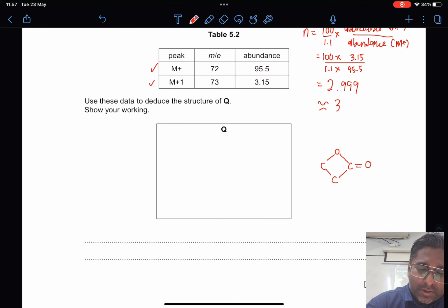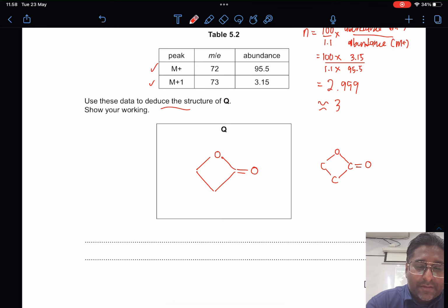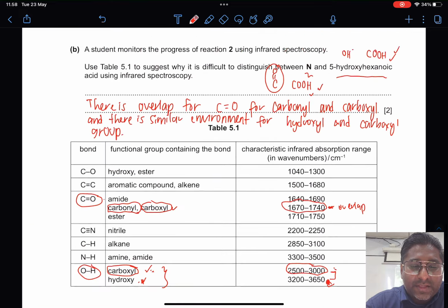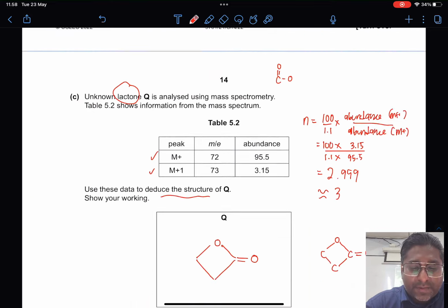So we can draw like this, O, no need to show the carbon, skeletal formula. So every single time when you're not sure of the structure, you refer to the question. If the question is in skeletal formula, then we answer in skeletal formula.